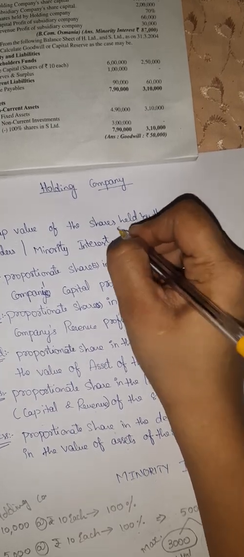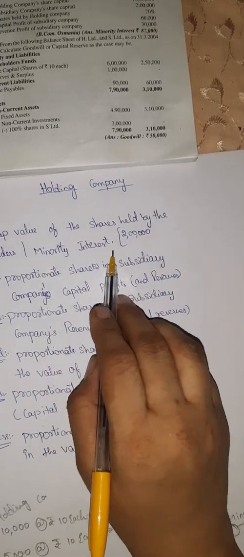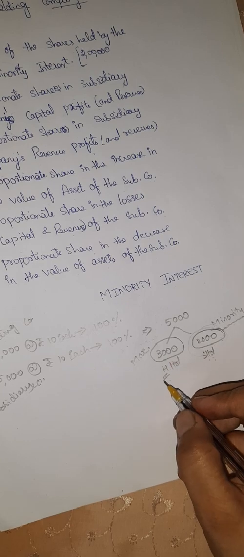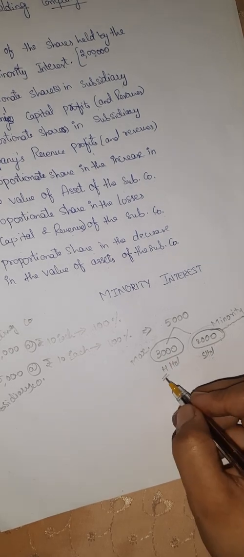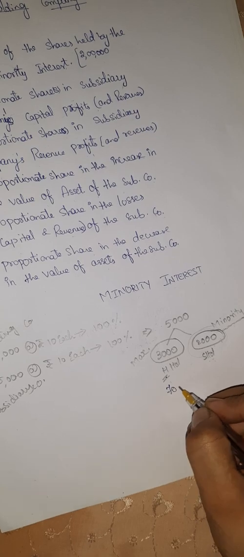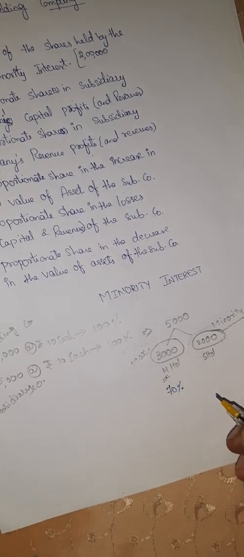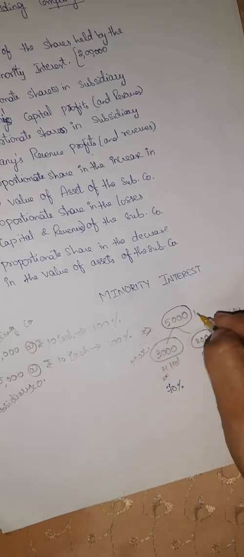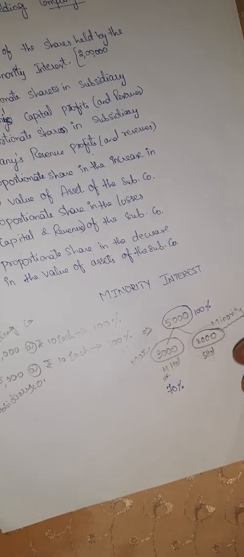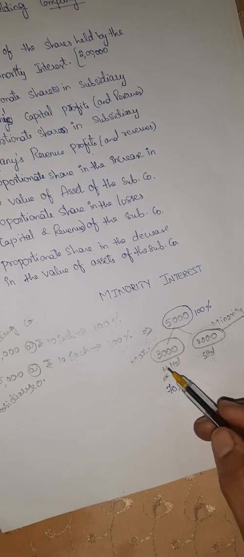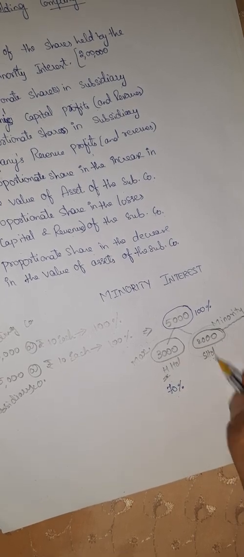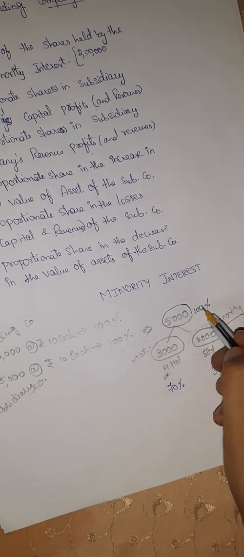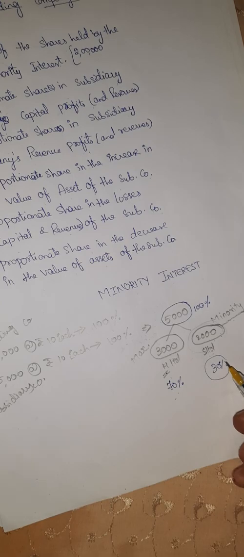As we are talking about minority interest, we see that the question mentions the holding company has 70% of the shares. Out of this 100% share capital, 70% is held by the holding company, so the remaining 30% is held by the minority. 100 minus 70 gives 30.